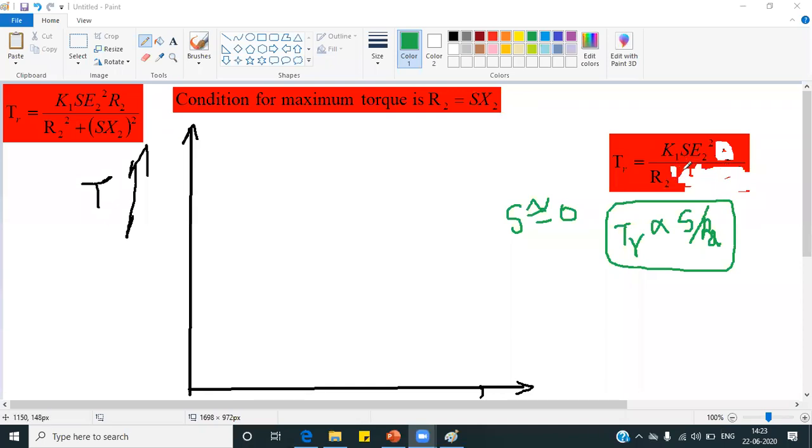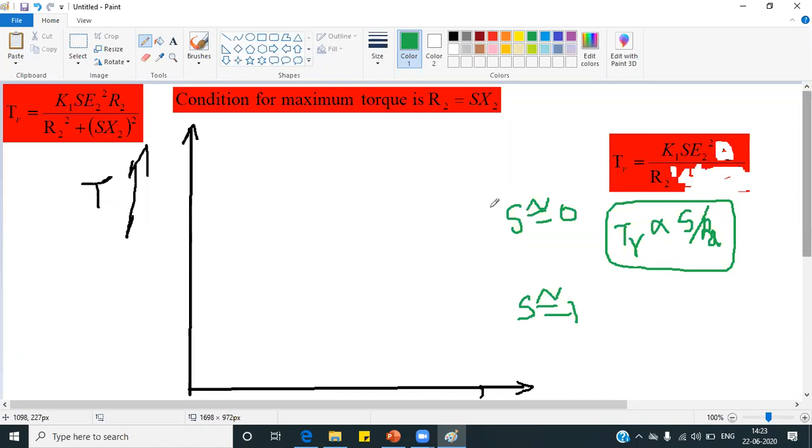That's it. This S X2 term becomes almost negligible. That is why I neglected that. Now let's take when S is equal to 1 or approximately equal to 1.